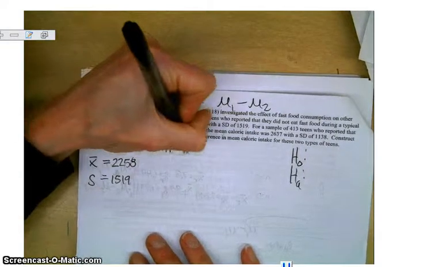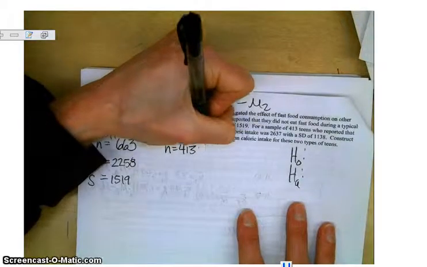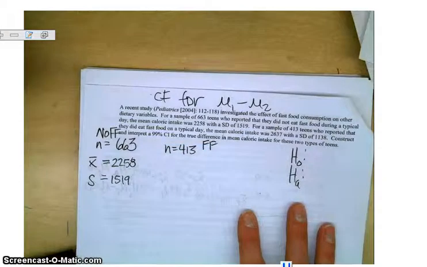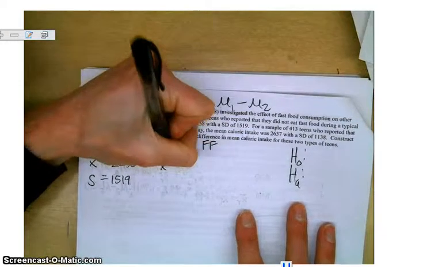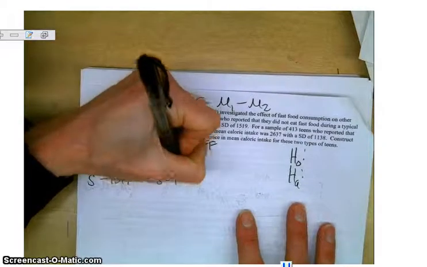And then it says for a sample of 413 teens who reported that they did eat fast food, yes, on a typical day, the mean caloric intake was 2,637 with a standard deviation of 1,138.